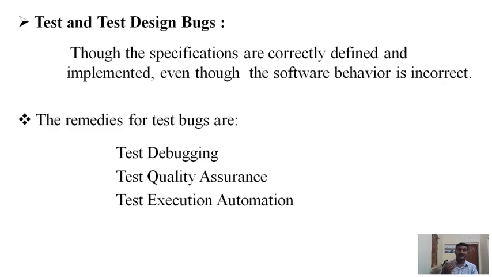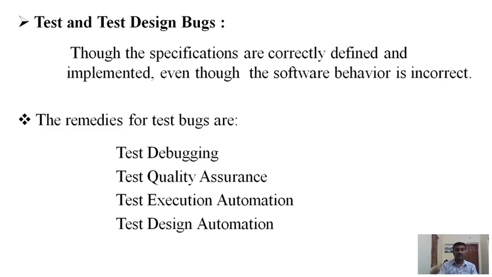When you apply the test on the program, the test execution is automated. Automated means you do not do the test manually; you write a program and execute it, and see what result it provides. That comes under automation. So test execution automation is also one solution for test bugs.